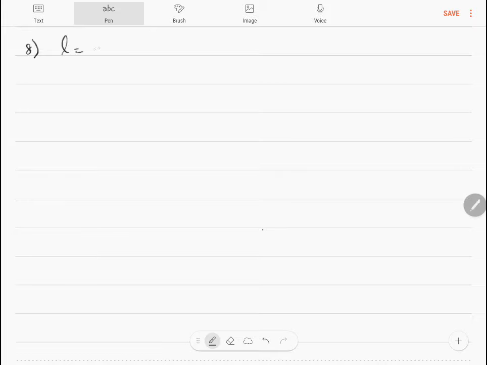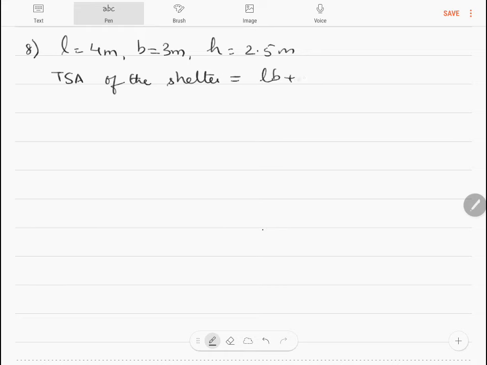Here given is length is 4 meters, breadth is 3 meters, height is 2.5 meters. This is the total surface area. Total surface area of the shelter will be equal to LB plus 2 into (BH plus HL), because the bottom is not covered.